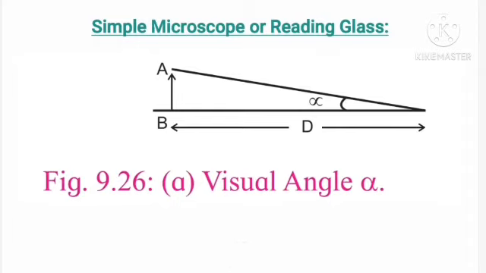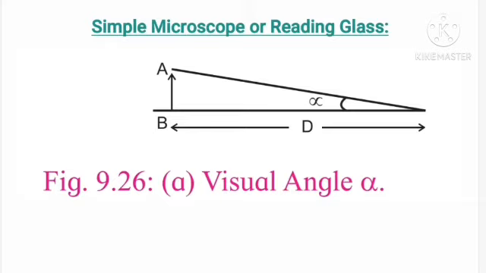we have to consider some lenses or instruments that are commonly used to see very small objects. For example, watchmakers use convex lenses to see very tiny parts of a wristwatch, and these lenses actually work as a simple microscope.